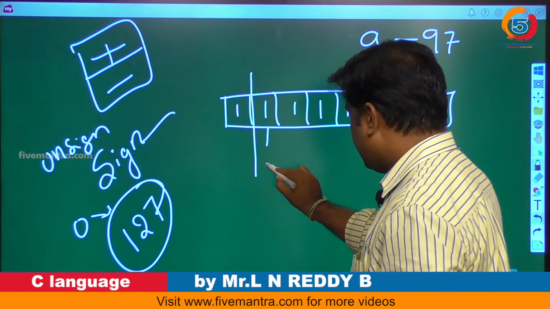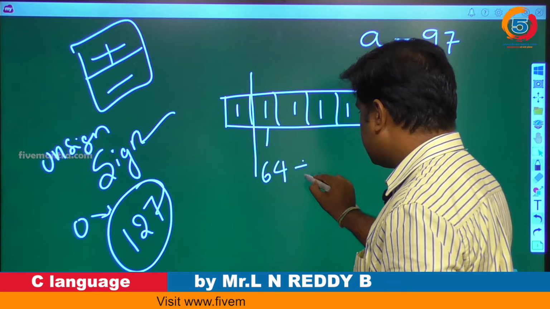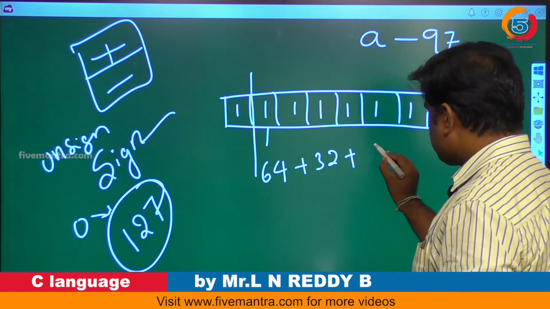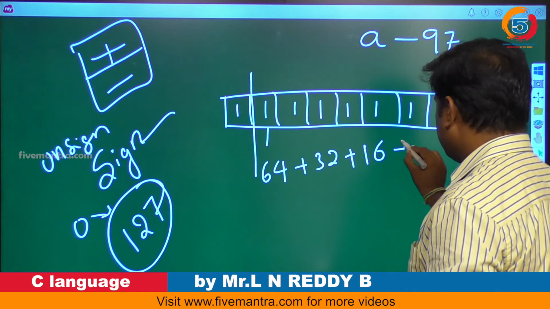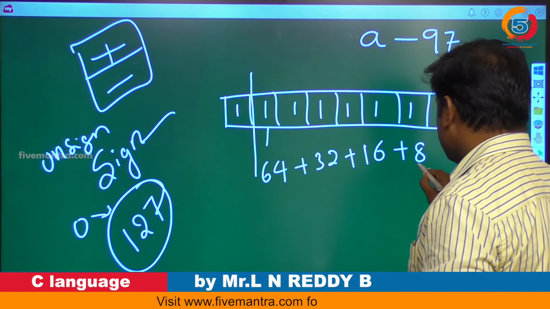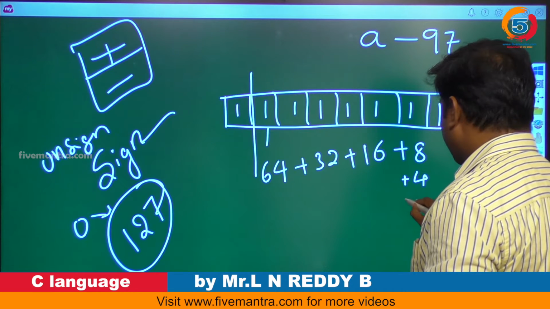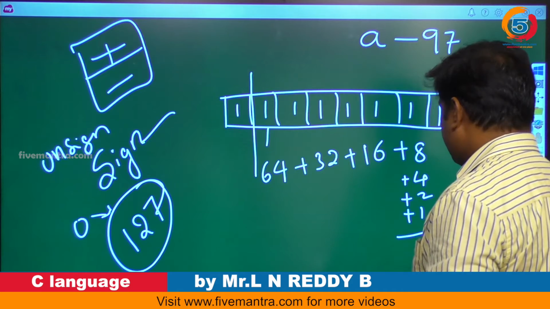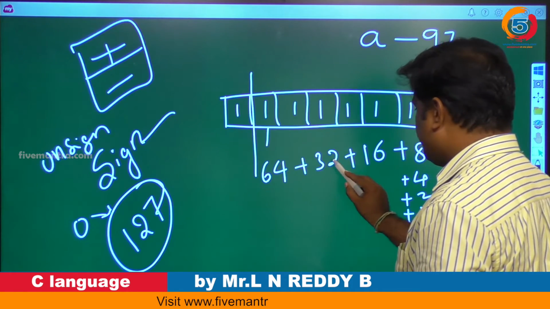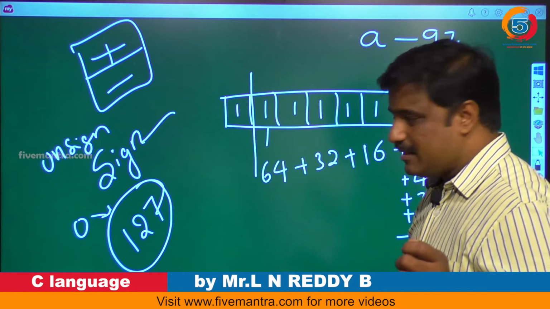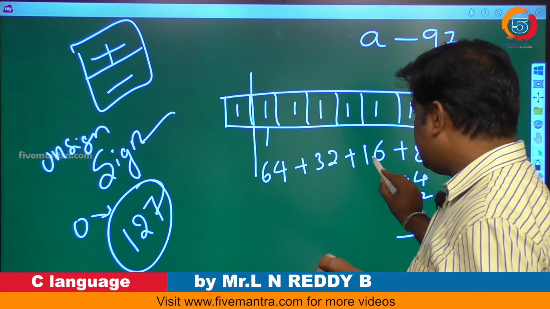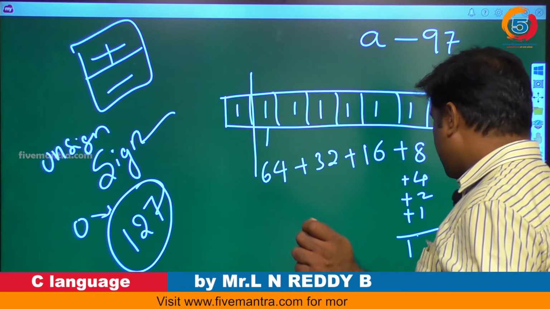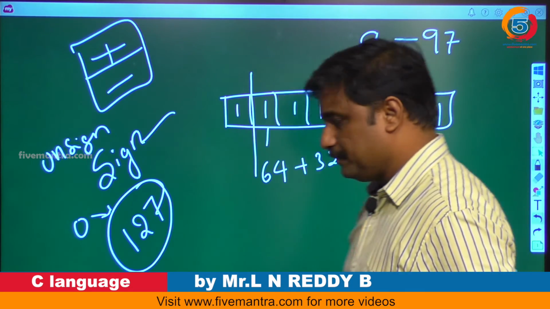If you see, it is 64 plus 32 plus 16, next 8, next 4, next 2 plus 1. What is the value? 64 plus 32 is nothing but 96. 96 plus 16, and if you calculate, the total value will be 127.